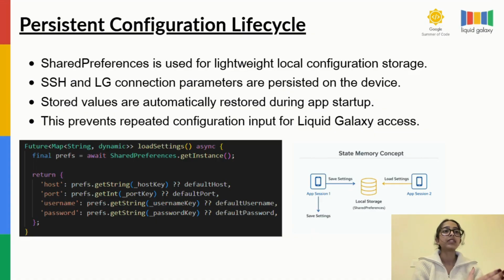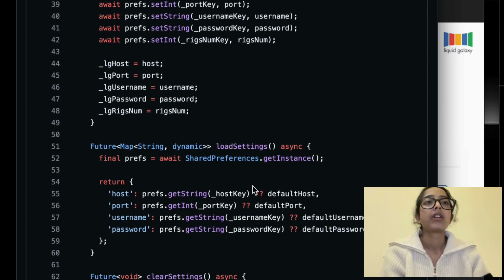When the user enters Liquid Galaxy connection details like host, port, or rig configuration, the app saves them locally using shared preferences, as I told you before. Then when the app restarts, those values are automatically restored during startup. This means the user does not have to reconfigure everything again and again.